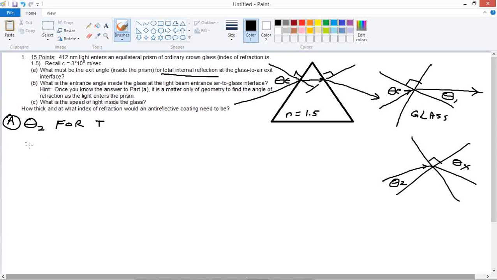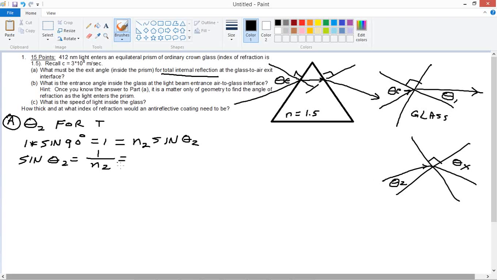So 1 times sine of 90 degrees equals 1 equals n2 times sine of theta 2. Well, this is n2, 1.5. So sine of theta 2 equals 1 over n2, and once we get that, we can take the inverse sine to get theta 2.